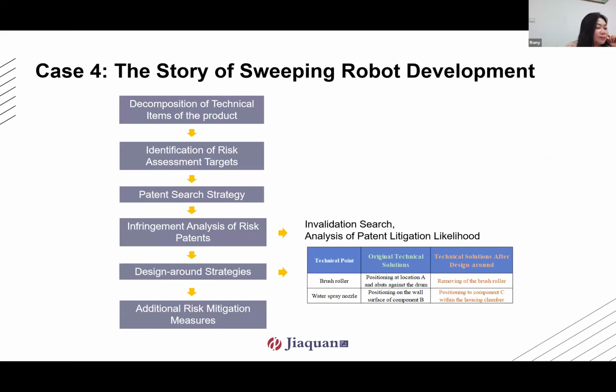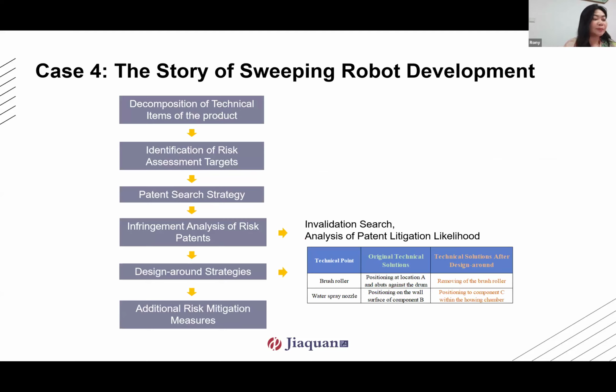Actually, in principle, the control of infringement risk should be carried out in the early or middle stage of R&D. Because once the product has a very clear design, it may be more difficult to make changes to the product during the mold opening stage.